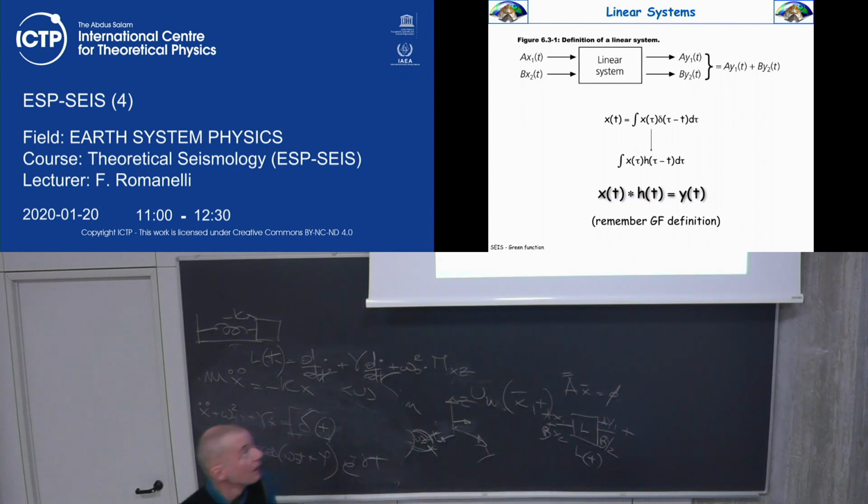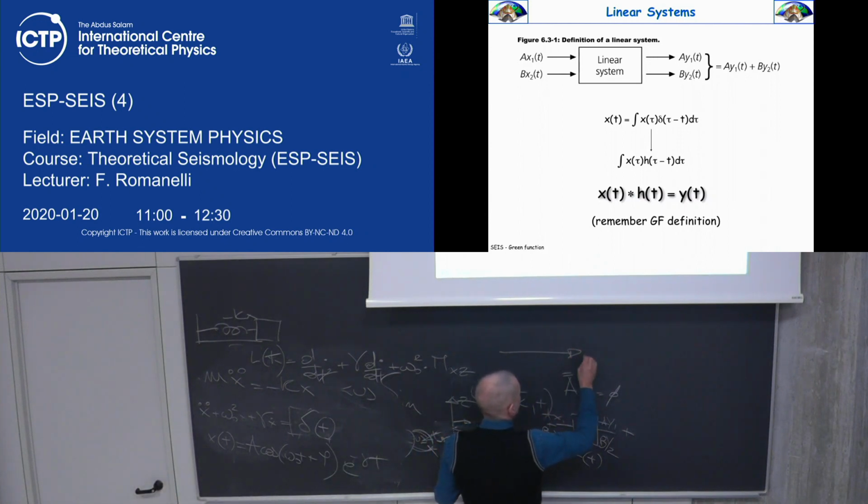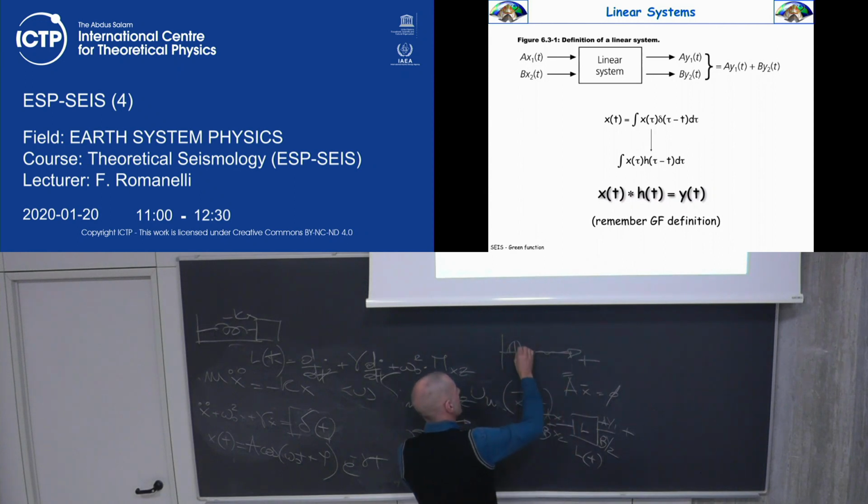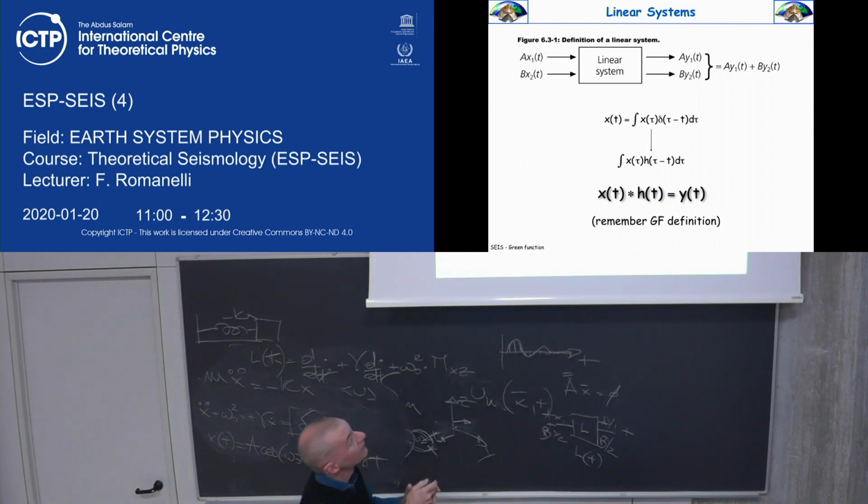For a generic input, x of t, that's your input, you can always write x of t as a sort of convolution of the values of x with delta, and you make the delta run.